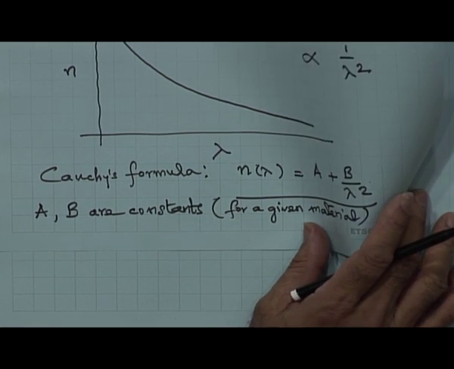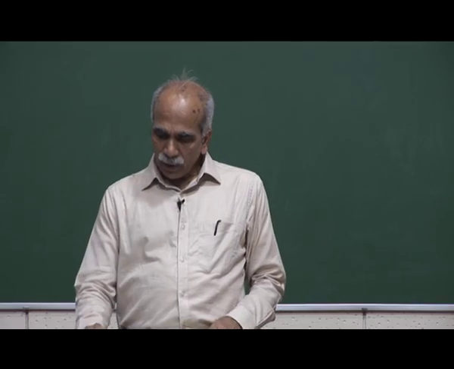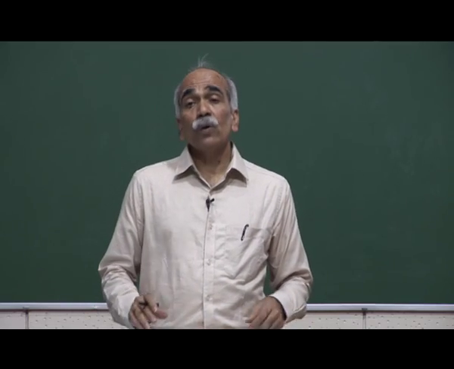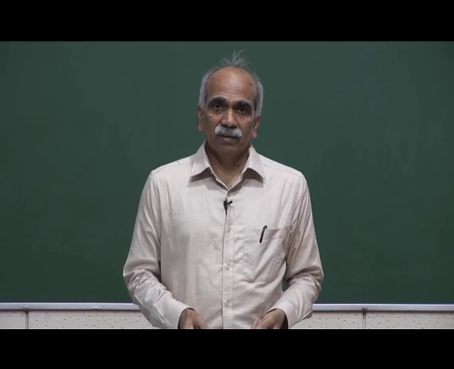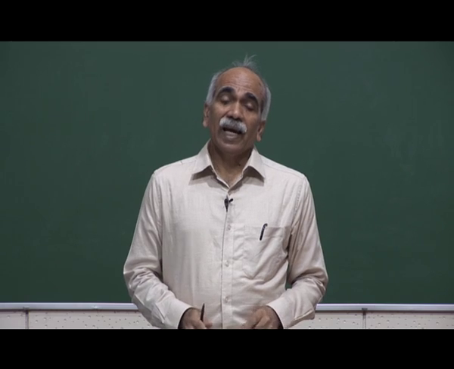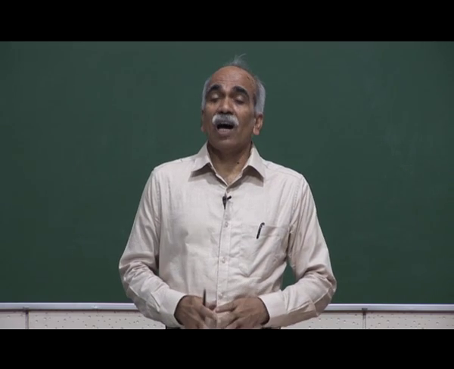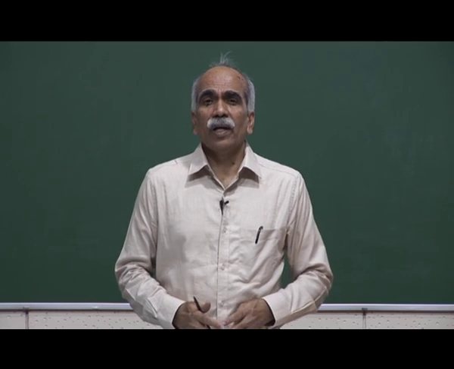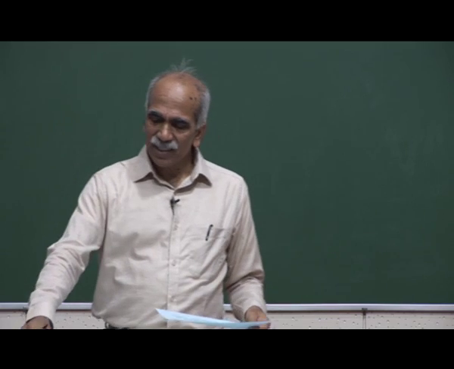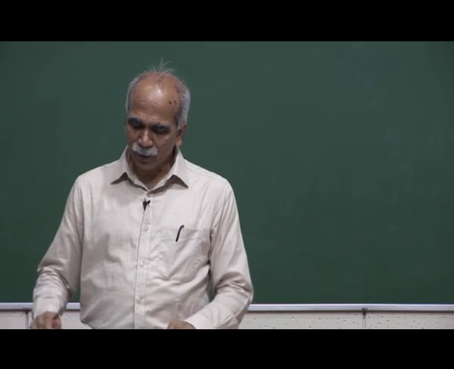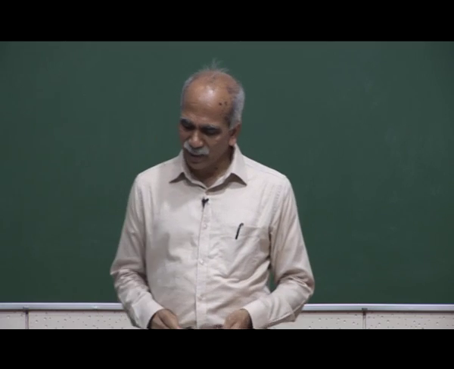Now, let me go further. Before I come further, I want to talk about one topic which is called dispersion compensation. Dispersion and dispersion compensation are very important and huge topics, but let me just introduce you to dispersion compensation in its simplest form.